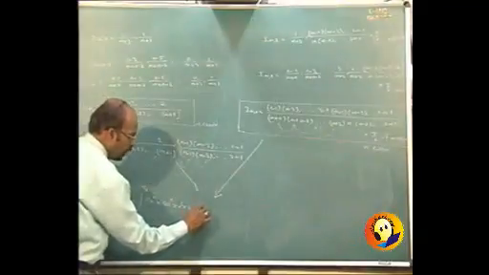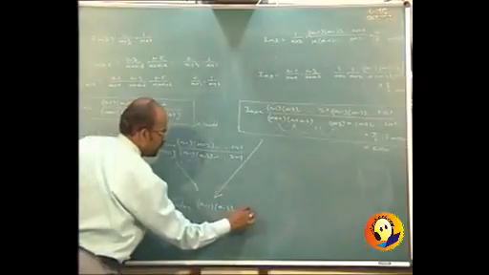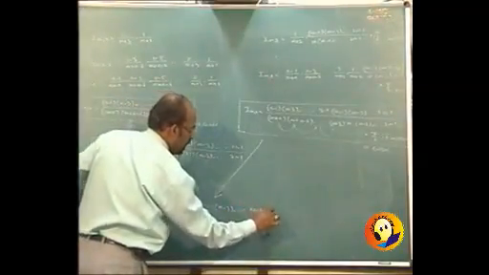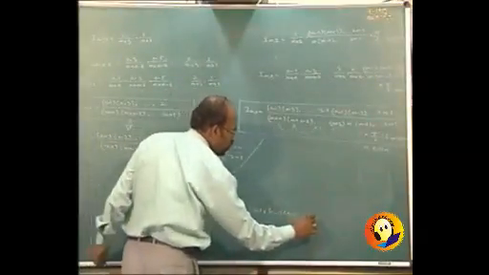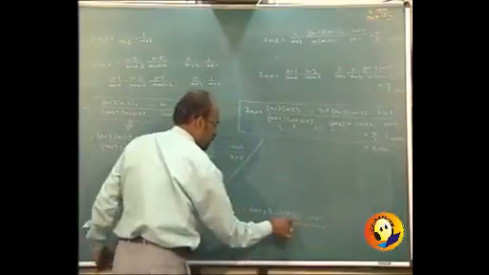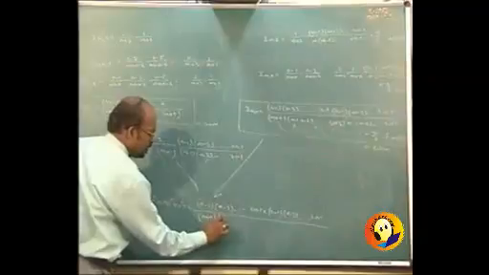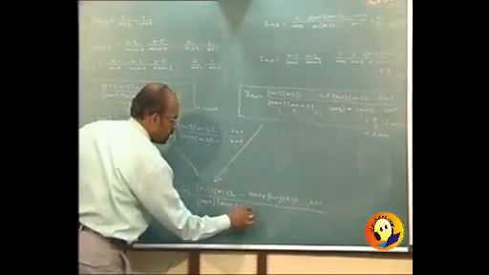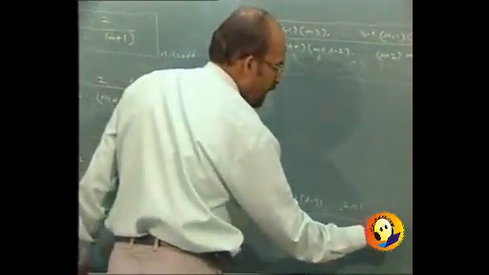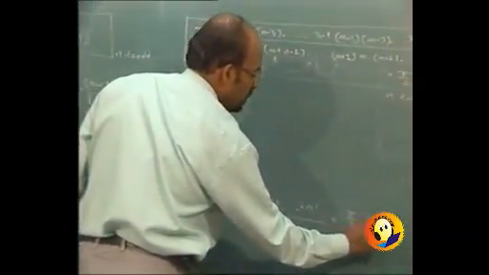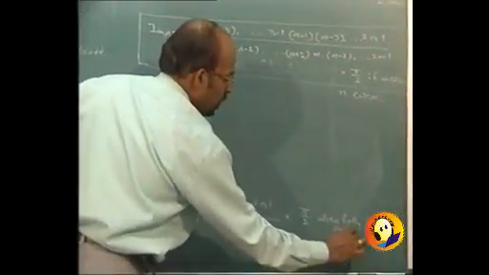Numerator may start with 1 less for m, so m minus 1 into m minus 3 etc. up to 2 or 1 into n minus 1 into n minus 3 etc. up to 2 or 1 divided by, start with addition of powers m plus n into m plus n minus 2 etc. up to 2 or 1, and you will multiply this by pi by 2 when both m and n are even.